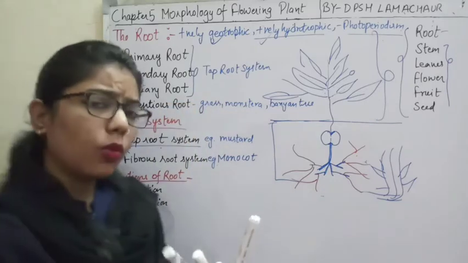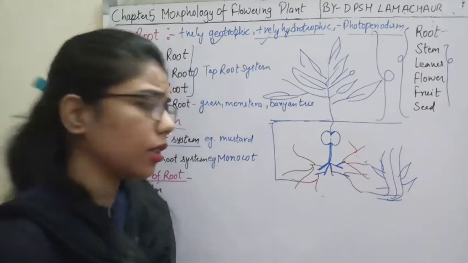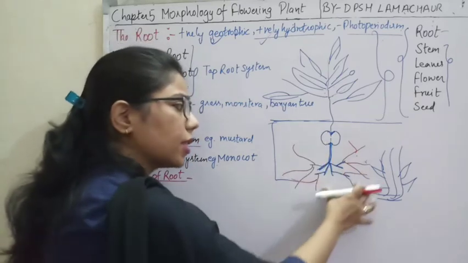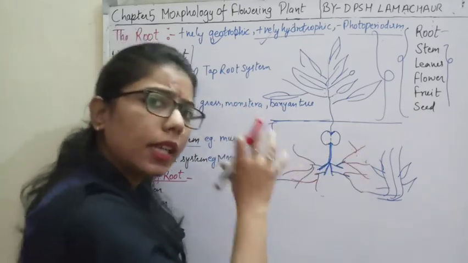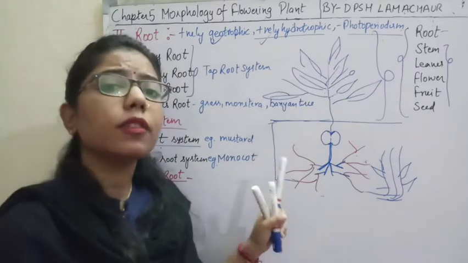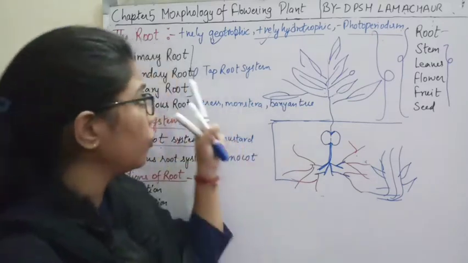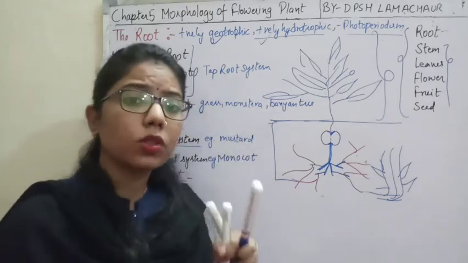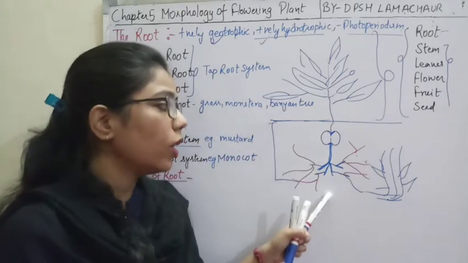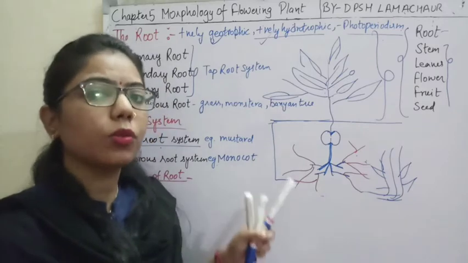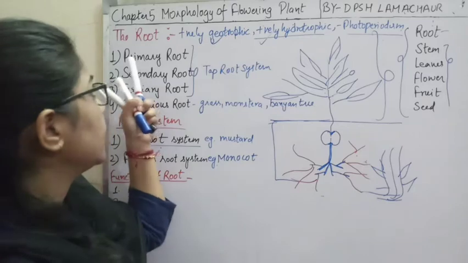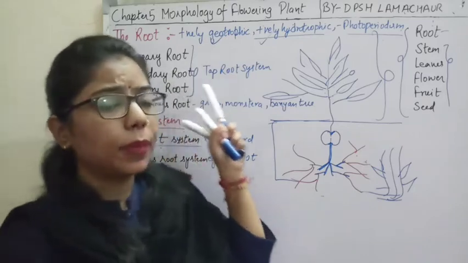Now it is clear what is primary, secondary, and tertiary. All of these come under the same root system, the taproot system, and it is a unique feature of all dicot seeds. If you sow dicot seeds, they will all show this type of root system.